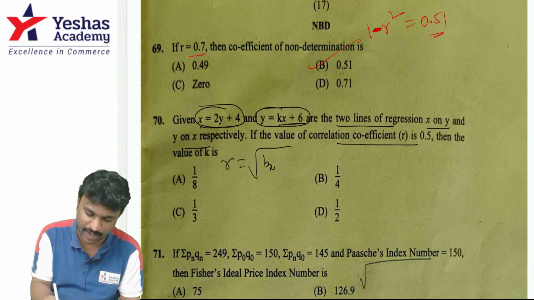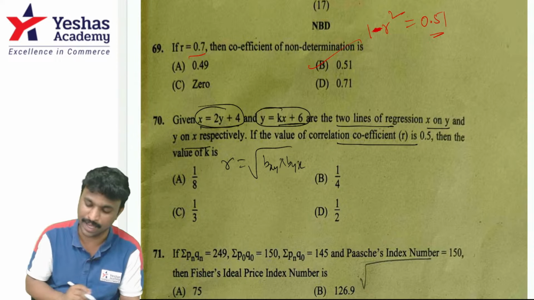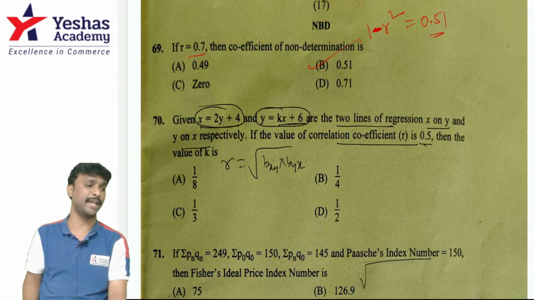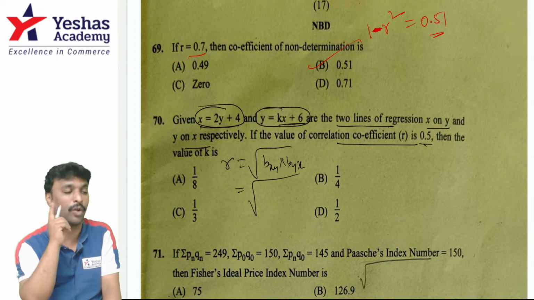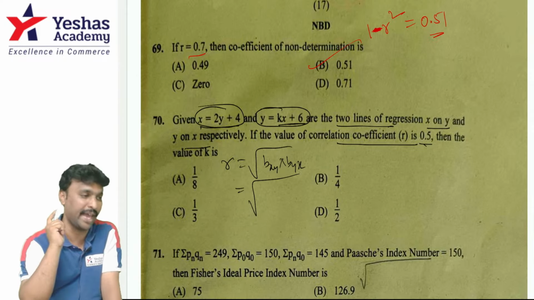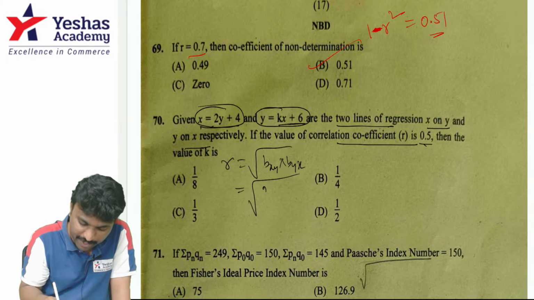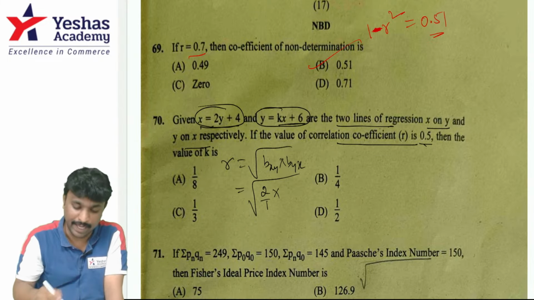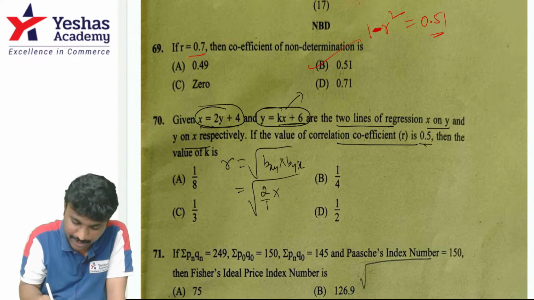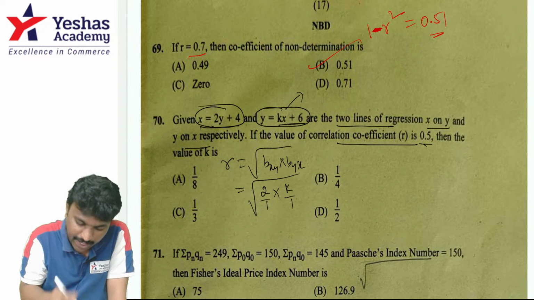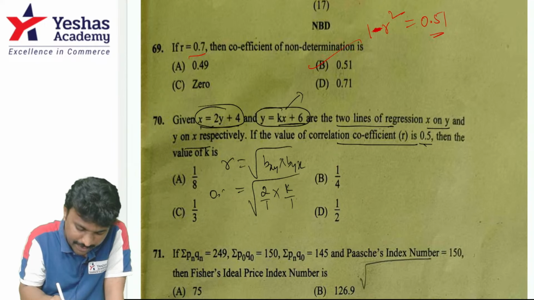Root of bxy into byx. R is positive, so definitely bxy and byx are also positive. For bxy, coefficient of y by coefficient of x we have to do. That means 2 by 1. For byx, in the y on x equation, coefficient of x by coefficient of y we have to do. That means k by 1, and R is 0.5.